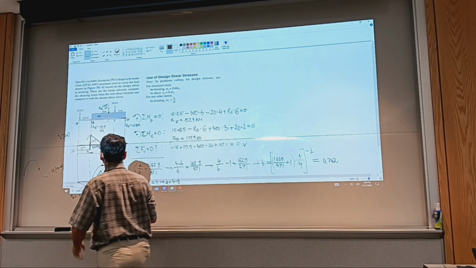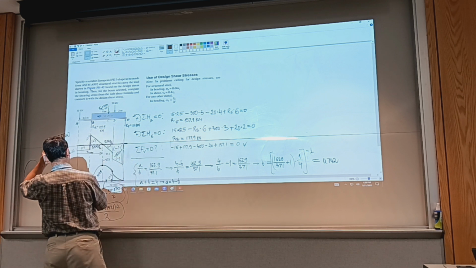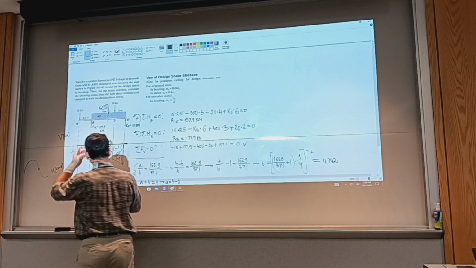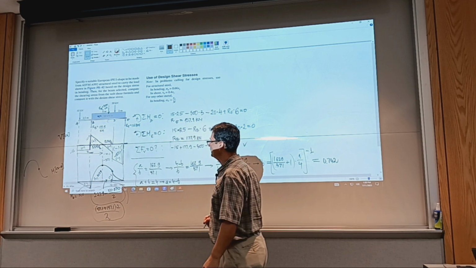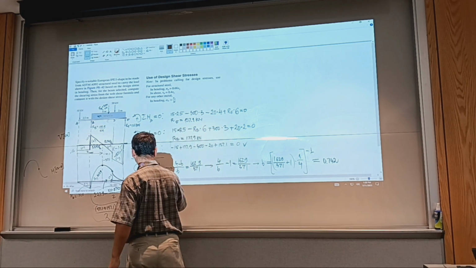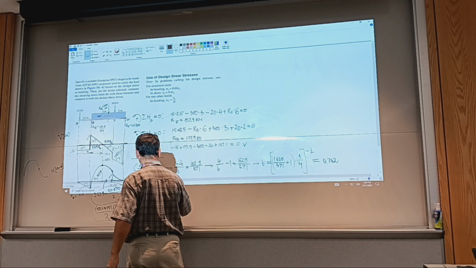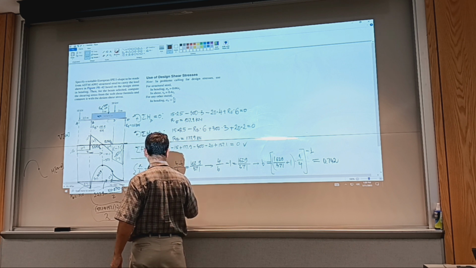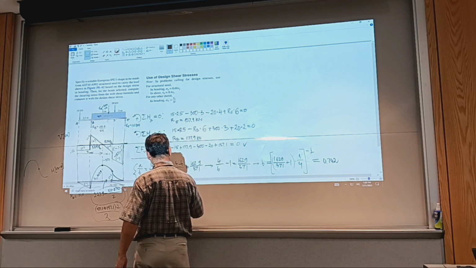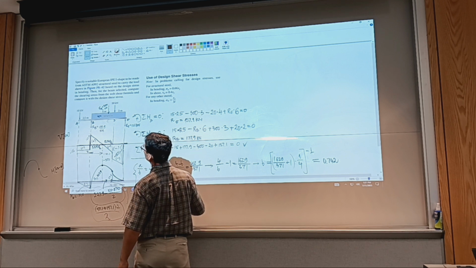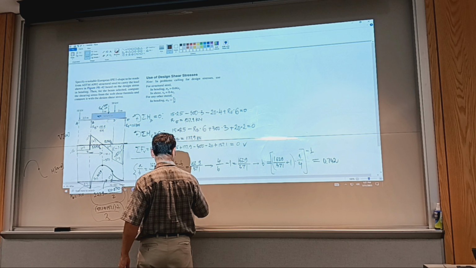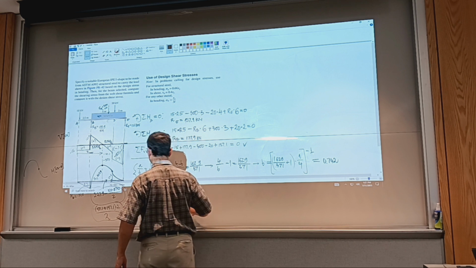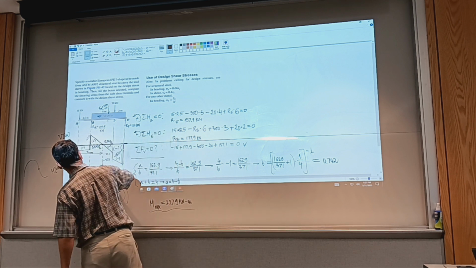Anyway, so negative moment, positive moment, and we have the M max. This is what we care about, M max. This is 227.9 kilonewton meters. So maximum moment here.